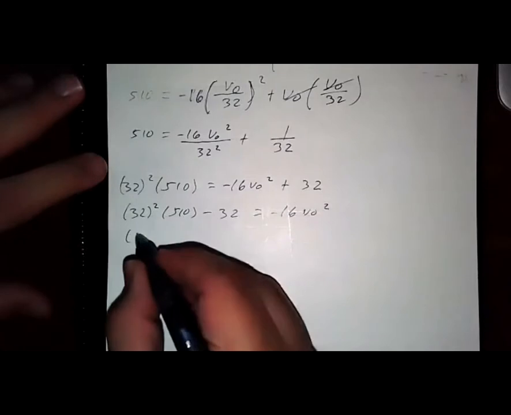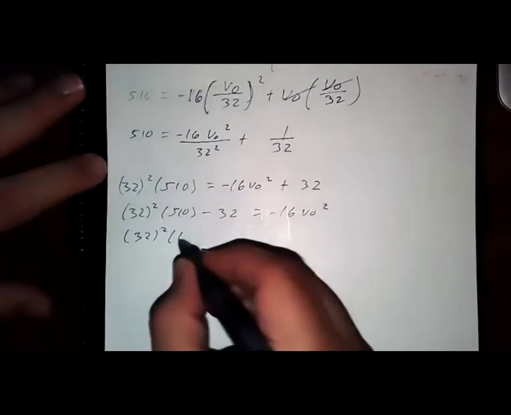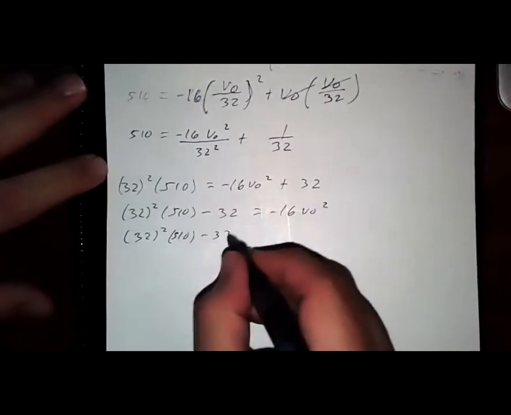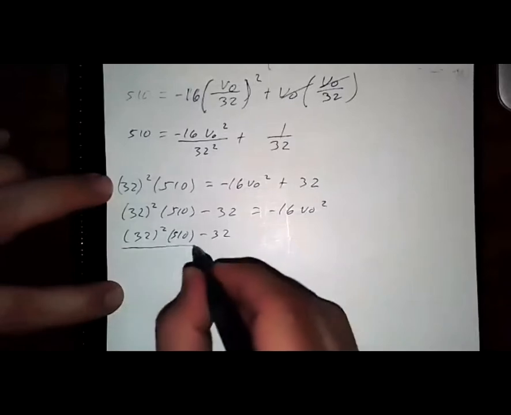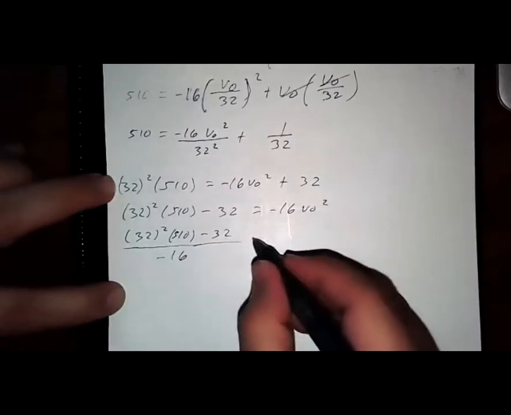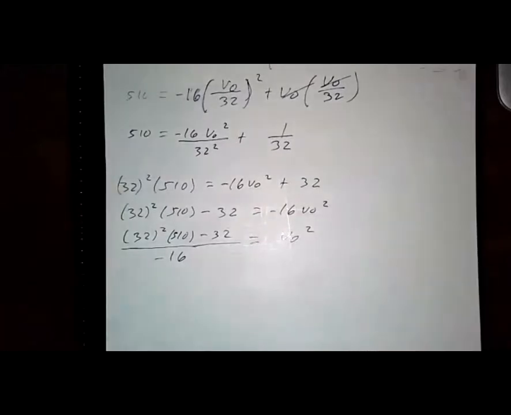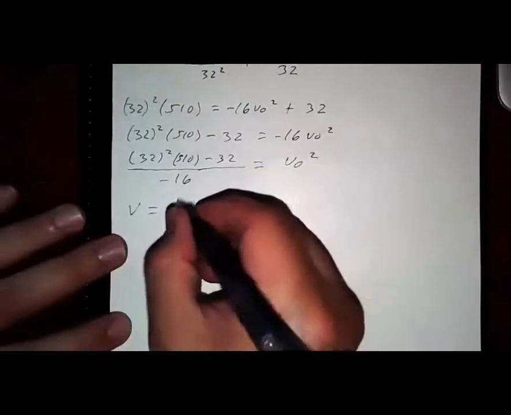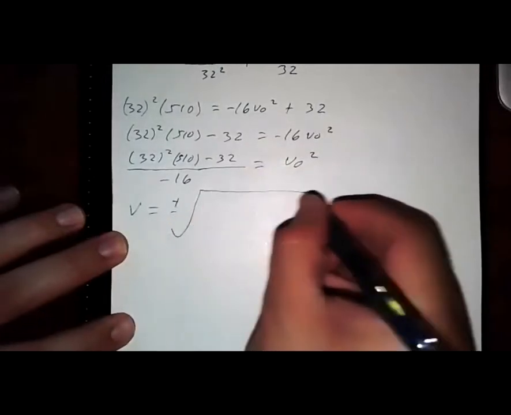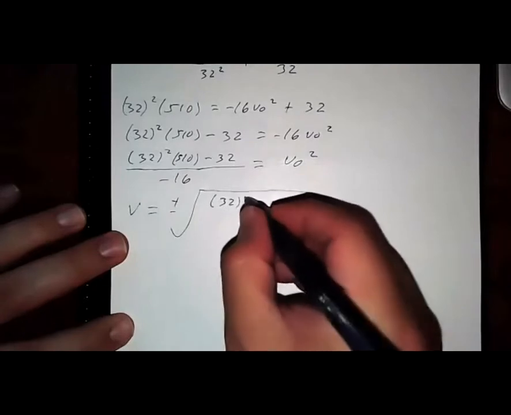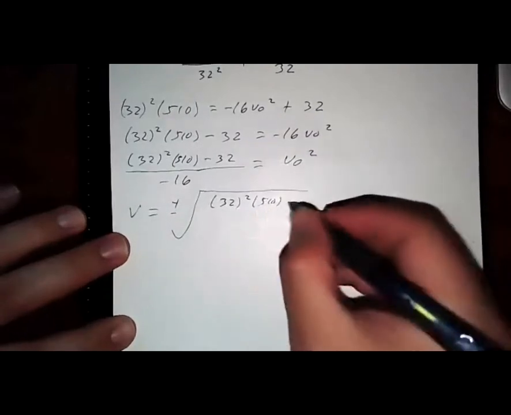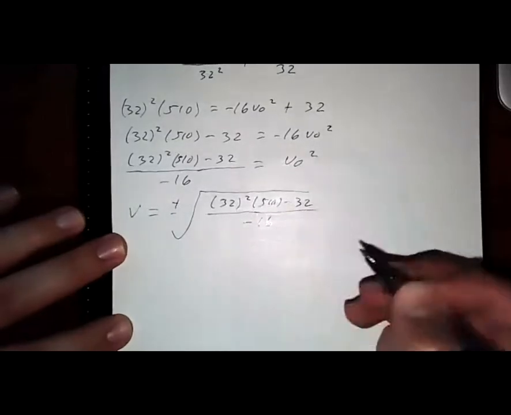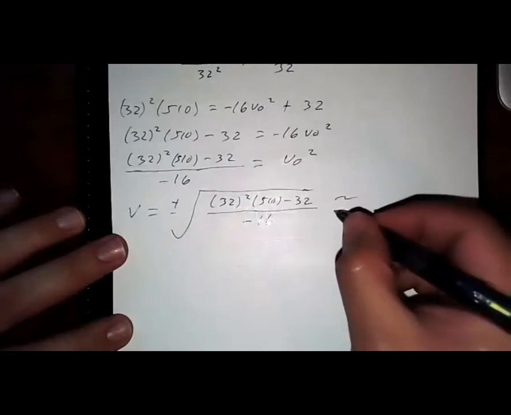Just because I'm too lazy to grab a calculator, I'm going to keep going with this. Divided by negative 16, and I've almost solved it. So v will be equal to plus or minus the square root of this right here: 32 squared times 510 minus 32, all over negative 16. So approximately something.